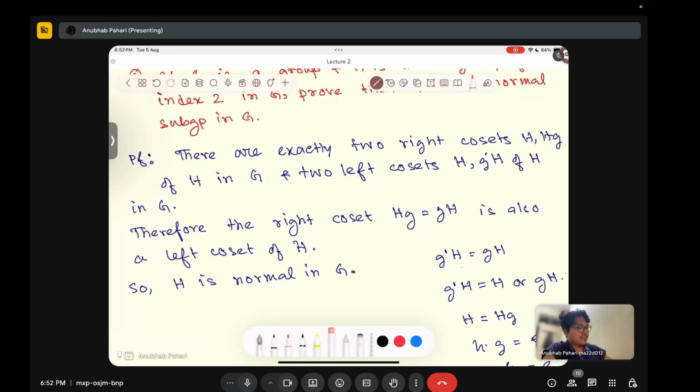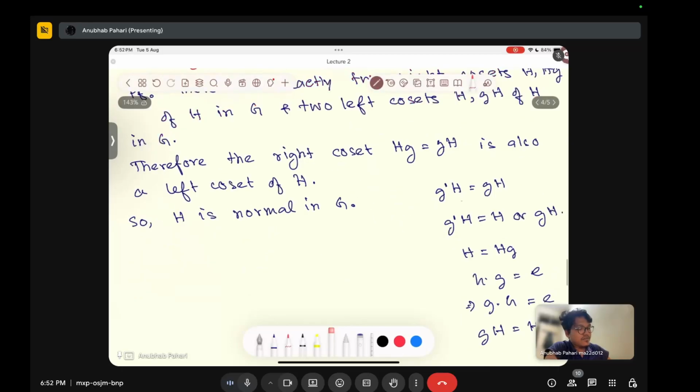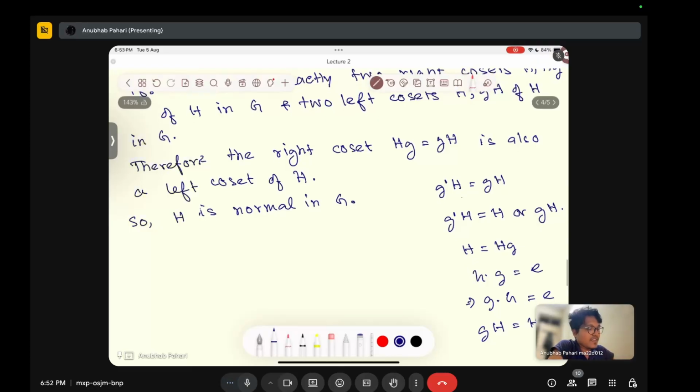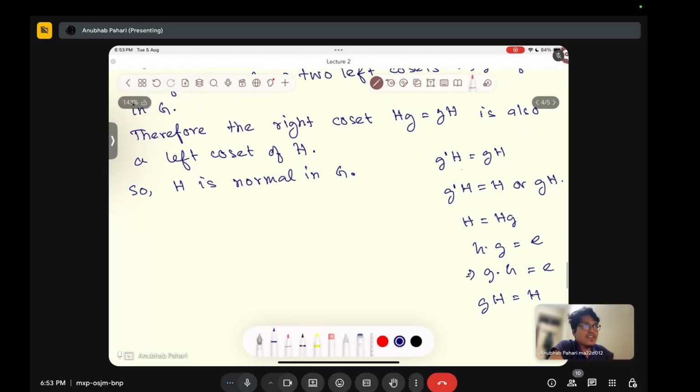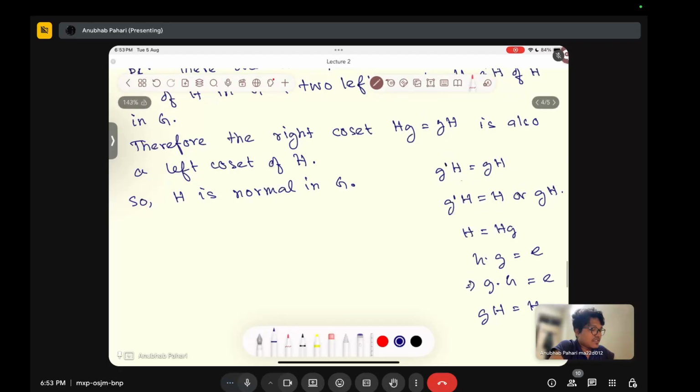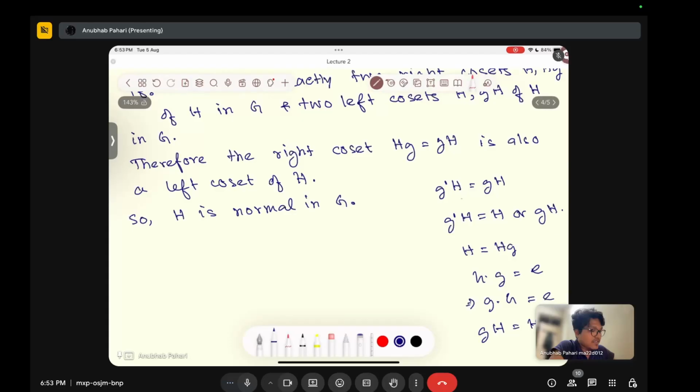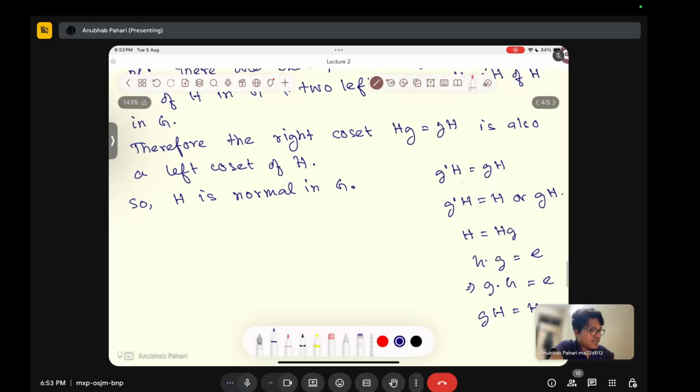If we are both clear, then you can avoid these little trivial things. When I prepared these notes, I simply avoided those things. Anyway, therefore the right coset Hg is equal to gH.